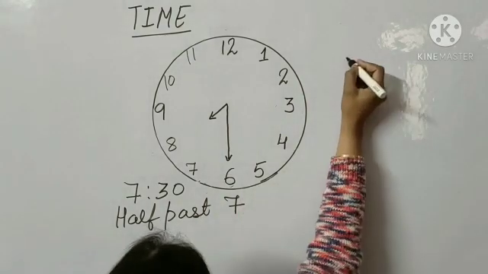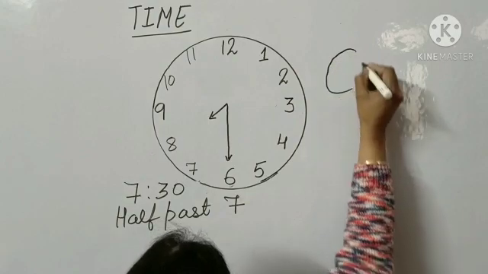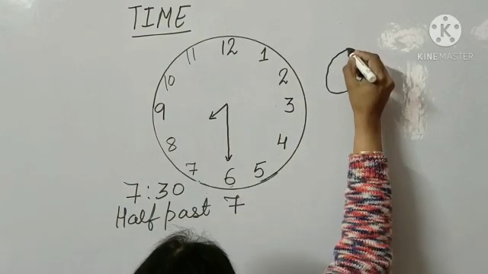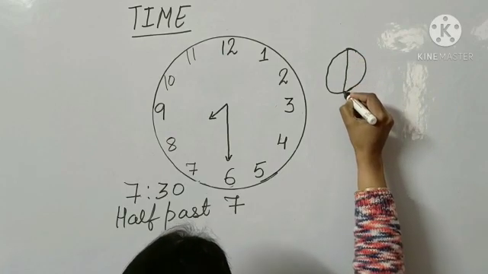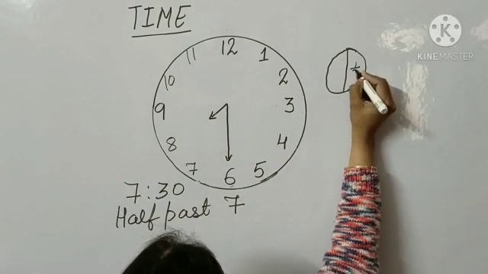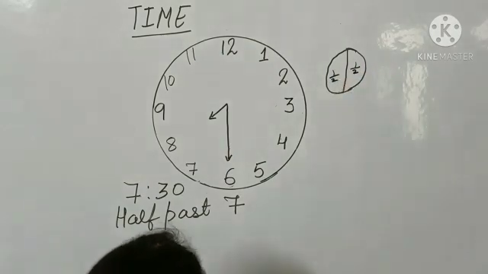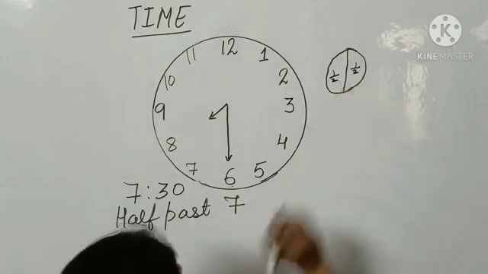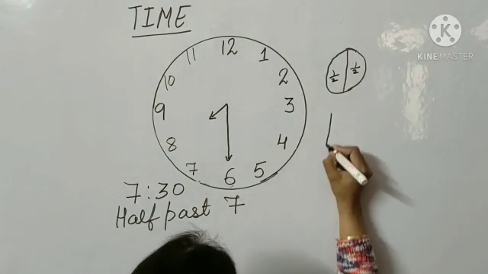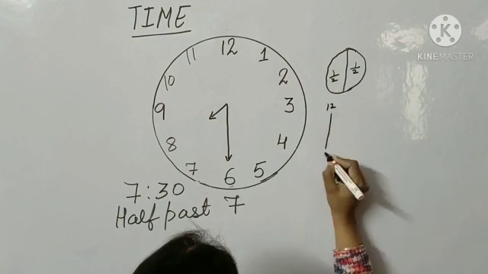See beta, again this is my clock, circle in circular shape. Now I am dividing the clock into 2 equal parts. So each part will be 1 by 2, and you know 1 by 2 is called half. This is my 12 and this is my 6.